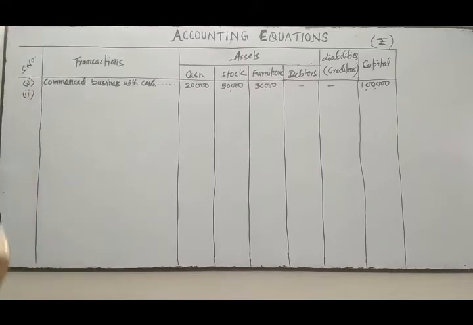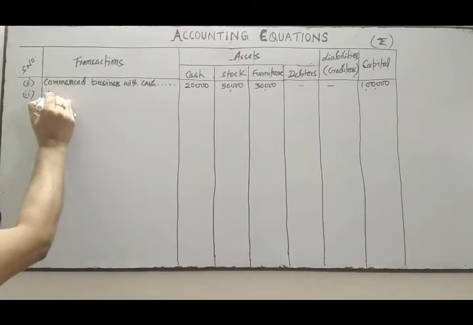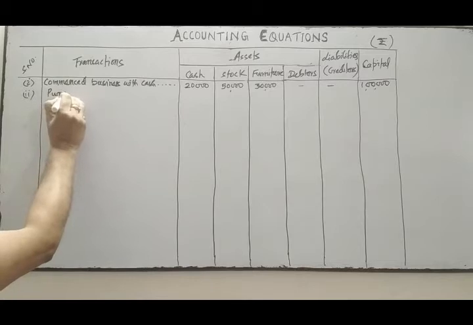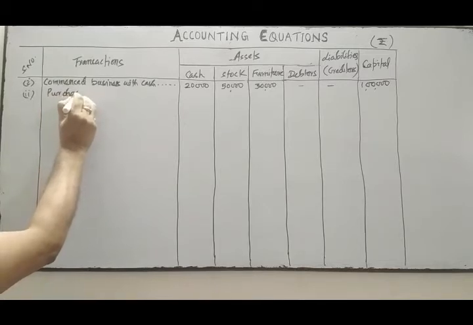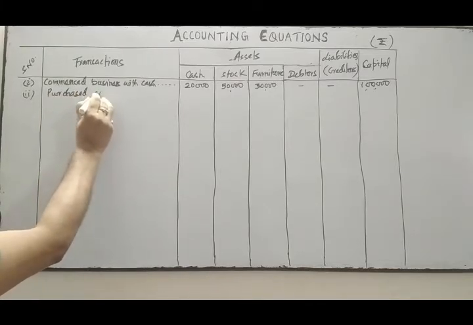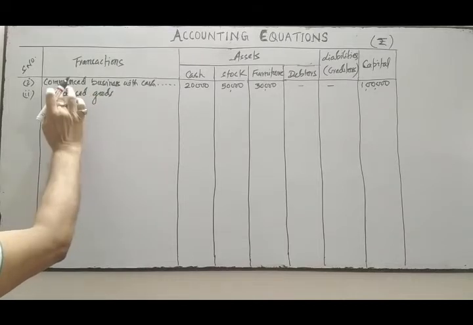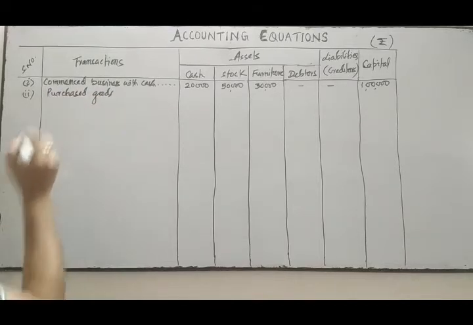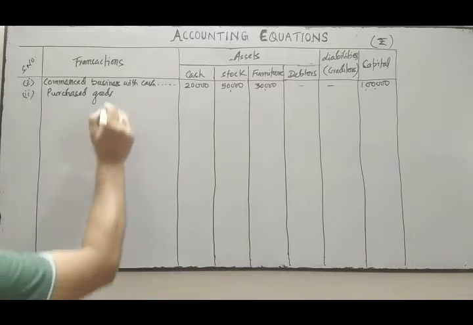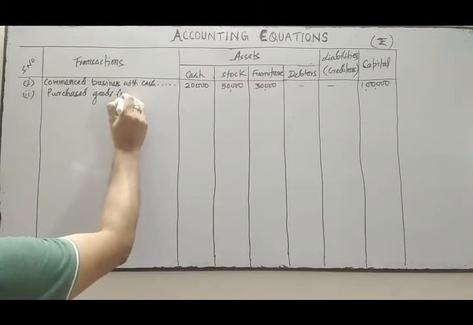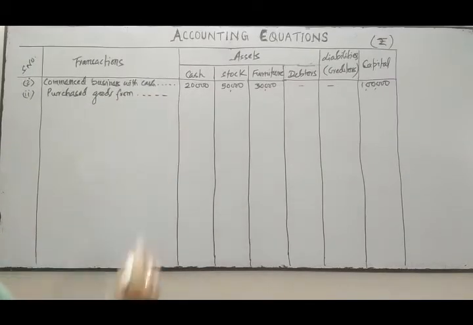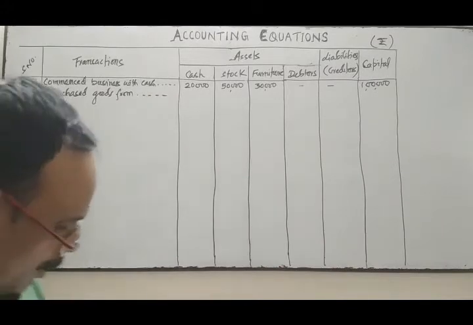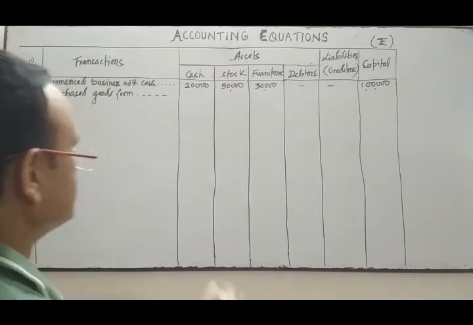Now second equation, transaction: purchase goods from Gopal. You write the complete sentence: on credit rupees 40,000, purchase goods.